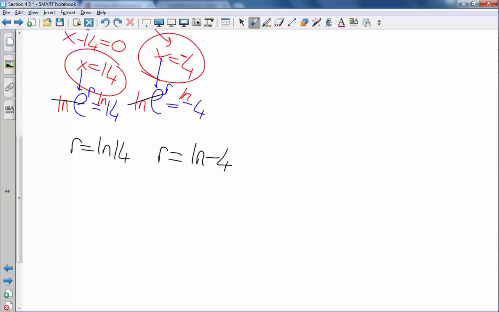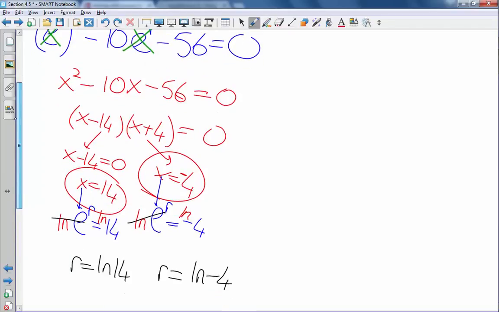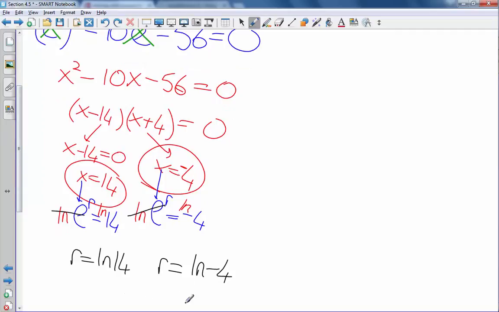And there is something wrong here. Now everything we did is purely correct. But there is something wrong with the answers, and let's see who's gonna spot what's wrong with these answers. Yes, we cannot compute logarithms of negative numbers.